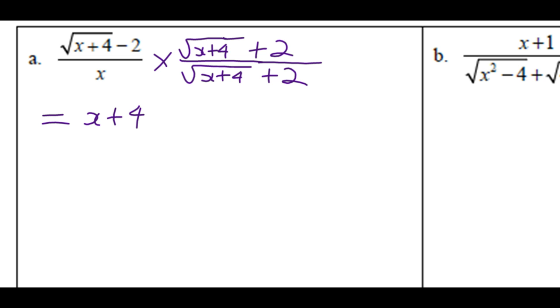Okay, so x plus 4. Then we get plus 2 times root x plus 4 minus 2 times root x plus 4. So they're gone. I'm not going to write them out.